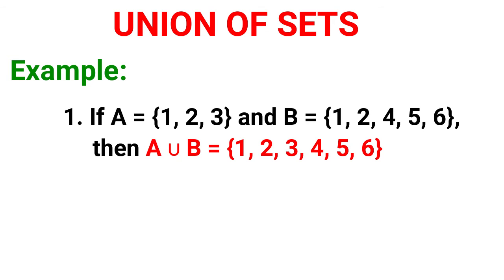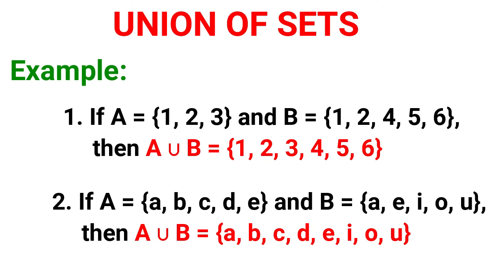In number 1, if A equals {1, 2, 3}, and B is equal to {1, 2, 4, 5, 6}, then A union B is {1, 2, 3, 4, 5, 6}.